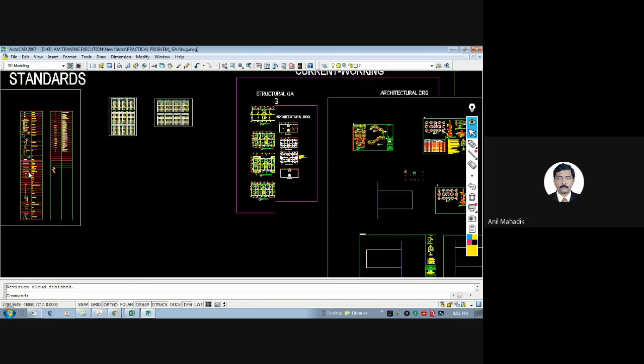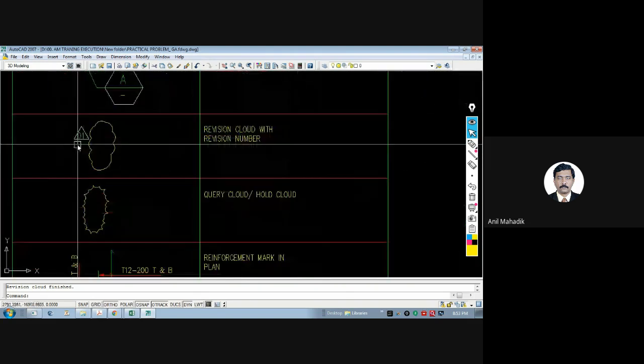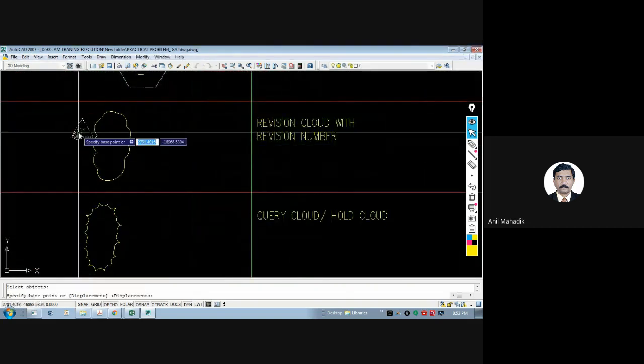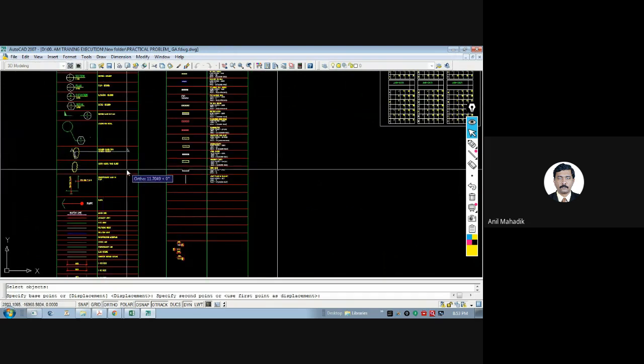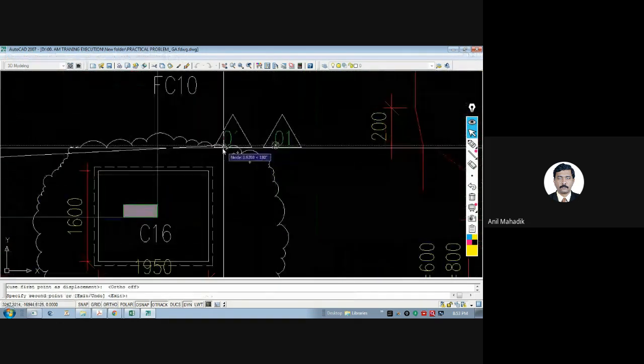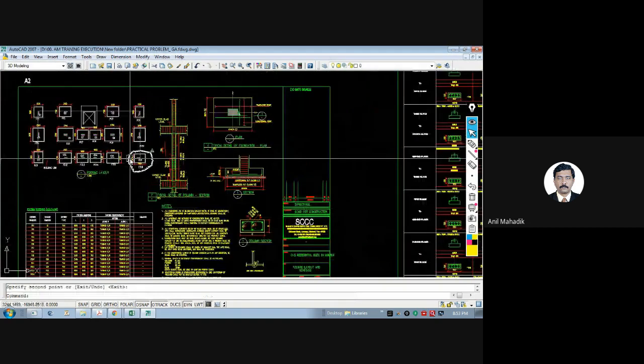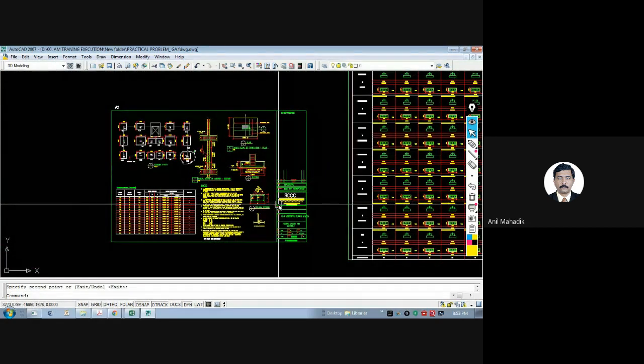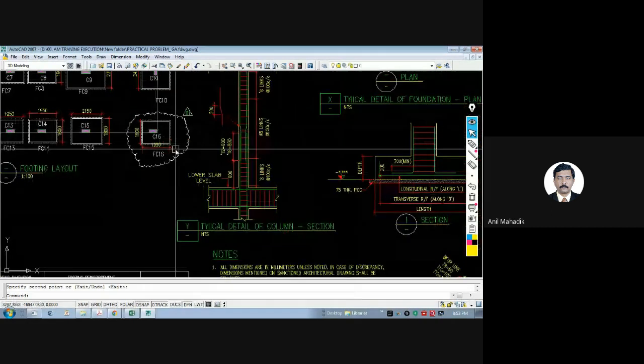And I will put the revision mark. We are having everything here: revision mark, revision cloud, and this. Revision 1. Getting this, and I will submit this drawing again to the site, and they will do the construction according to this.